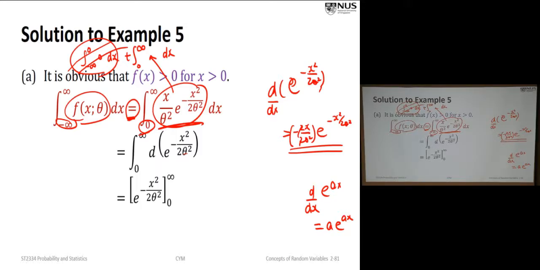If you have problems doing integration, do a revision on how to do the integration, especially with exponential functions, and also how to do integration by parts. Substitute in, and you get the answer 1.